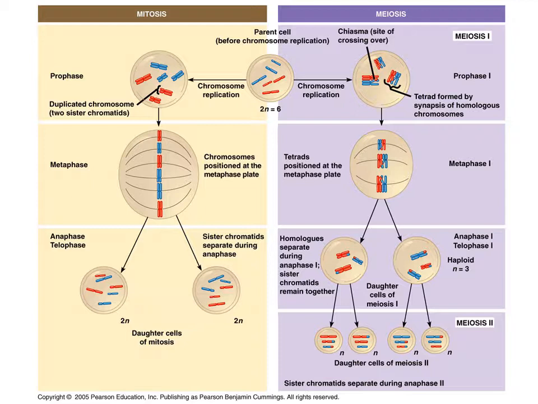The original cell has 6 chromosomes, 3 blue and 3 red. Let's look to the left. To the left, we're going to go through mitosis. Those 6 chromosomes are going to replicate. The next thing that occurs is those 6 replicated chromosomes are going to line up on an imaginary plane.